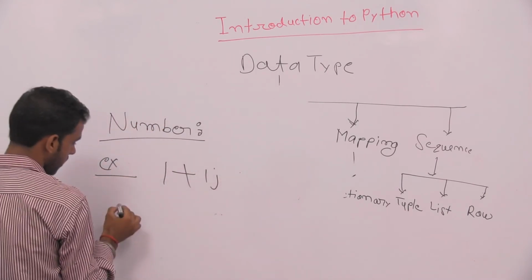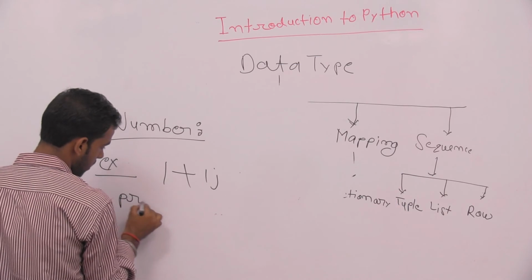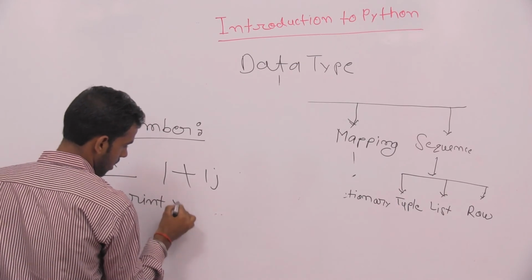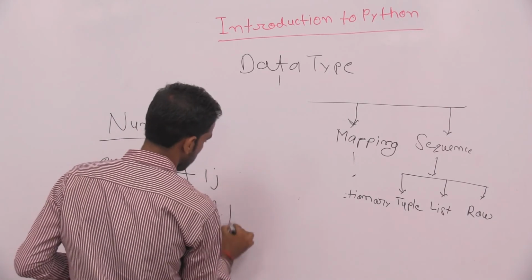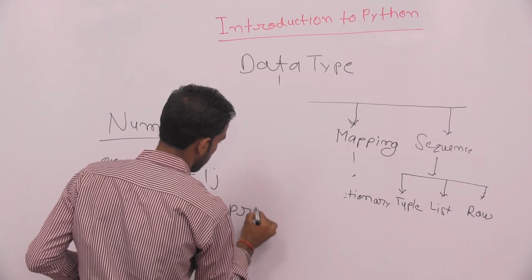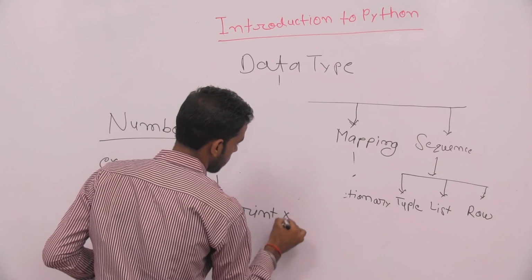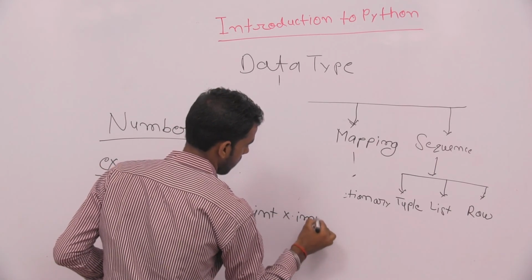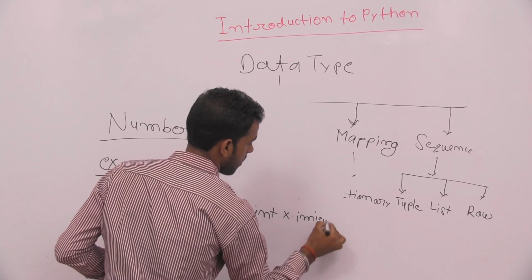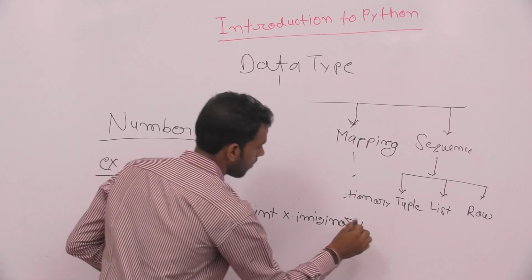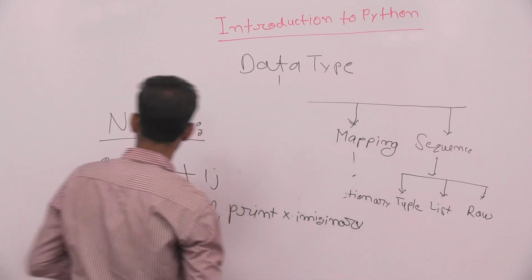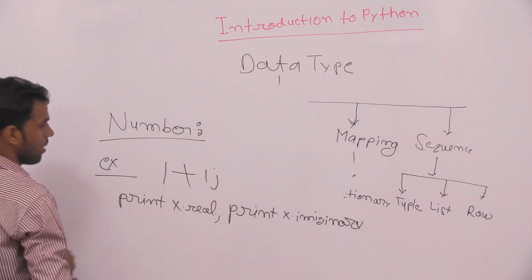For accessing the real part, we will print x dot real, and for printing the imaginary part, we will write print x dot imag. So these are the classifications of number data type, and these are the examples of number data type.